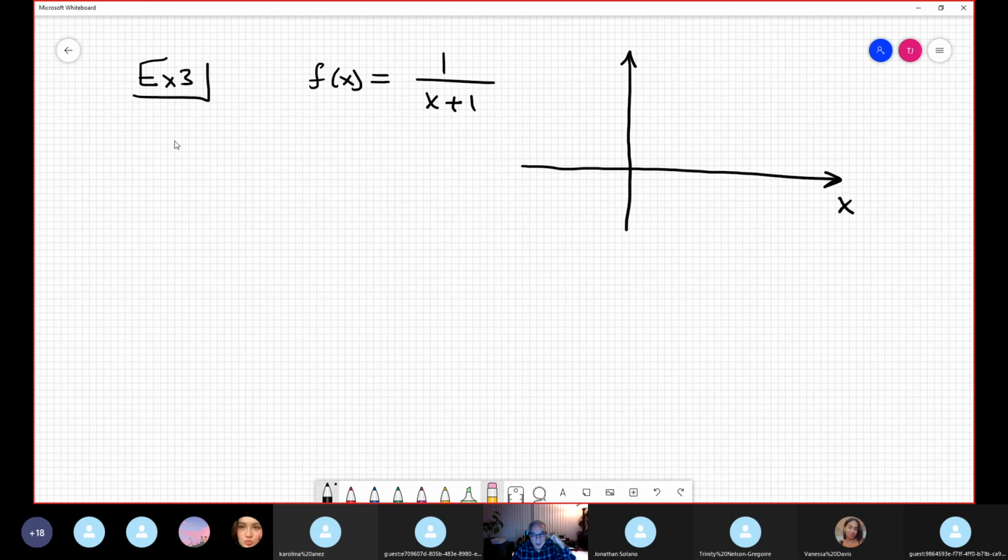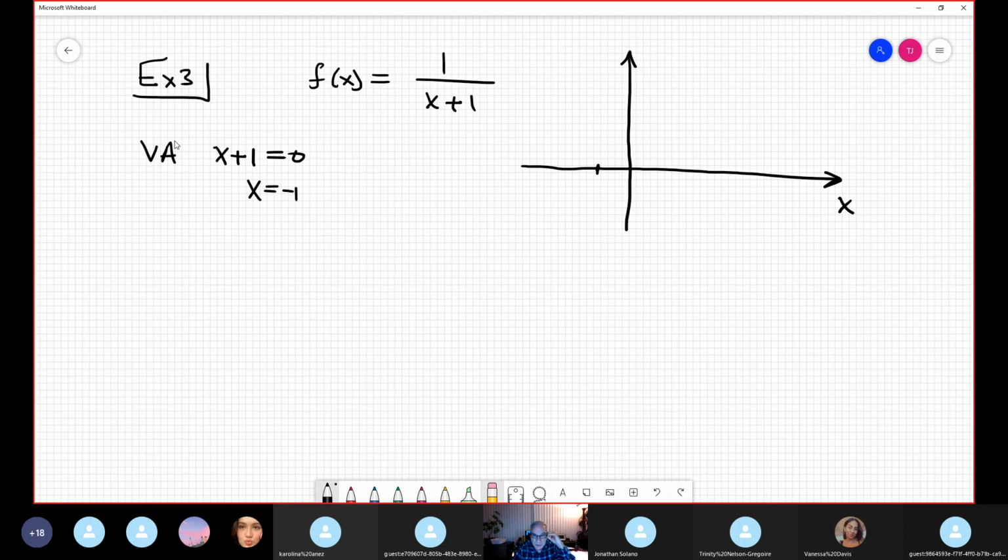I don't want to discuss in detail every possibility, horizontal asymptote, vertical asymptote. Basically, we have one vertical asymptote, look, at x plus 1 equals 0, so at negative 1.